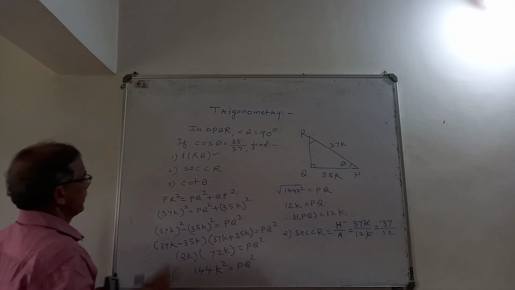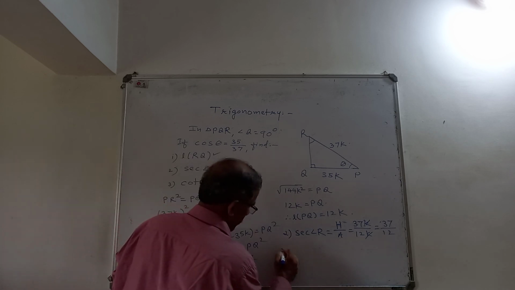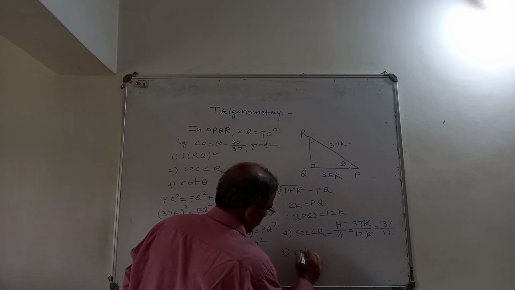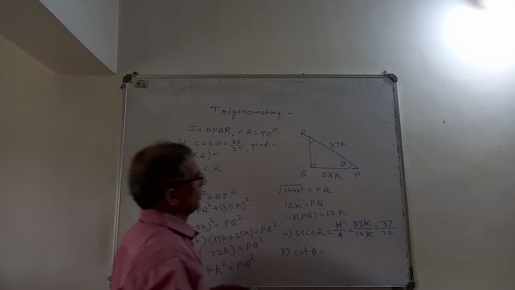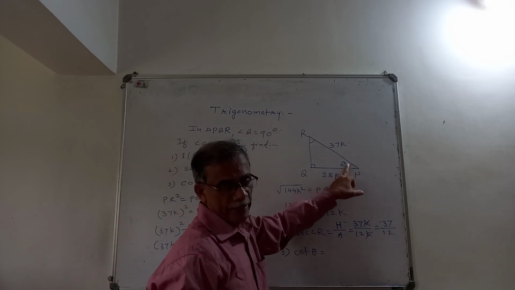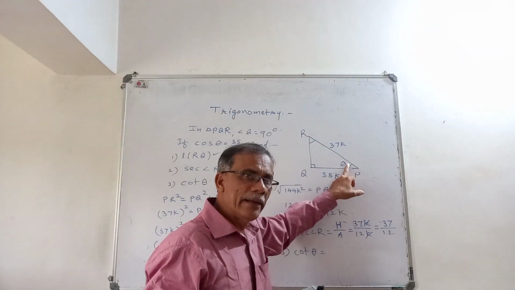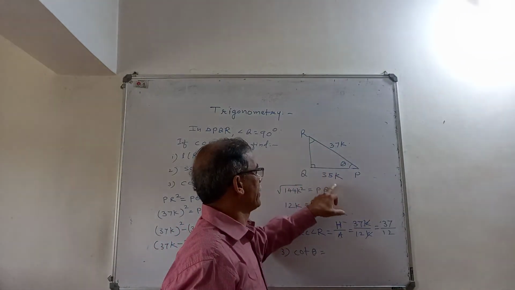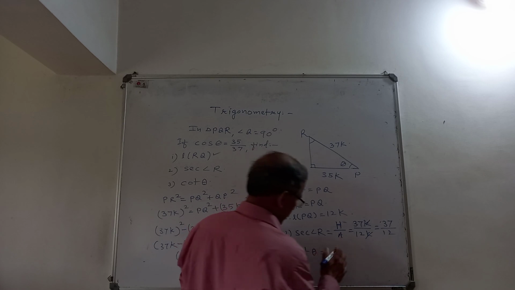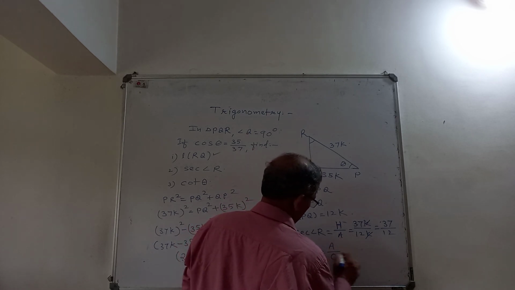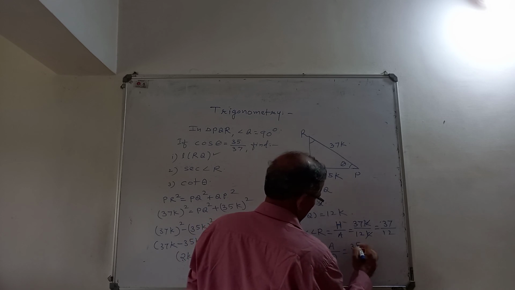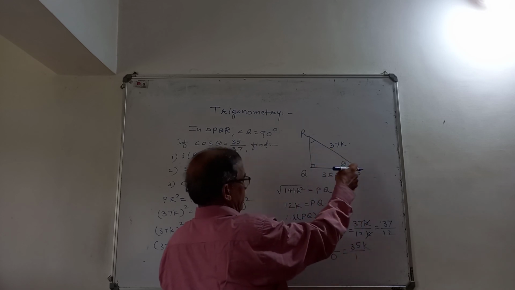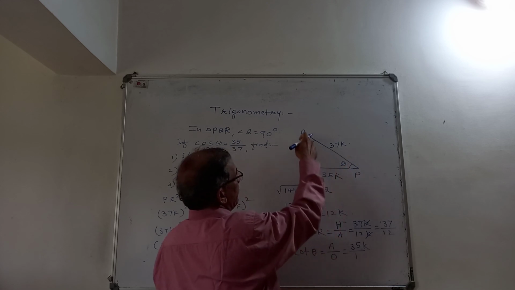Then cot of theta, the third ratio. Theta means this angle. Cot is the inverse of tan. Tan means opposite upon adjacent, so cot is adjacent upon opposite. Adjacent for this angle is 35K upon opposite RQ.